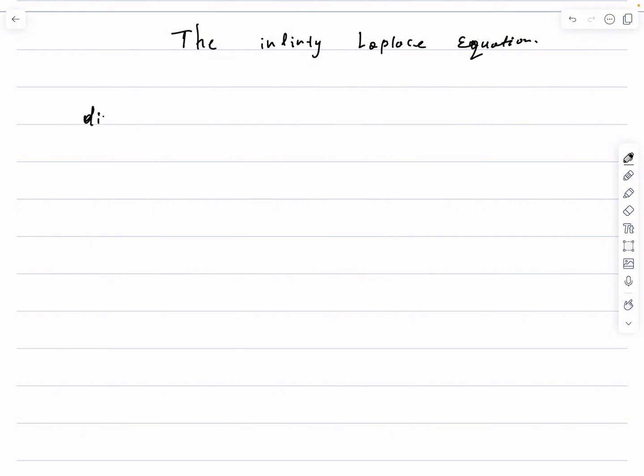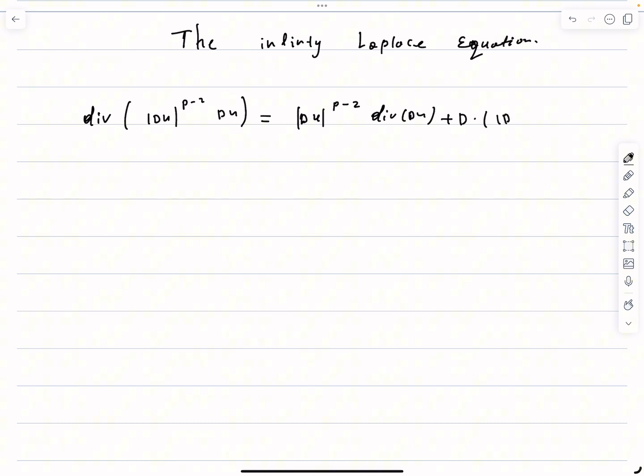So, divergence of |du|^(p-2) du. When we open it using the definition of divergence, we will get |du|^(p-2) times the divergence of du plus d of |du|^(p-2) times du.